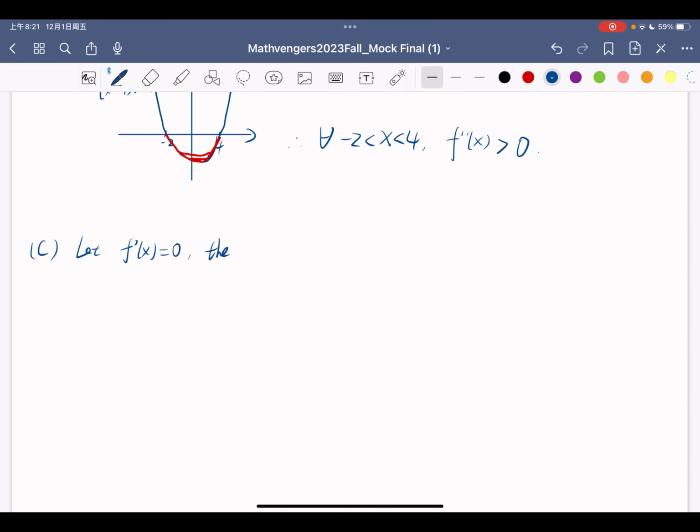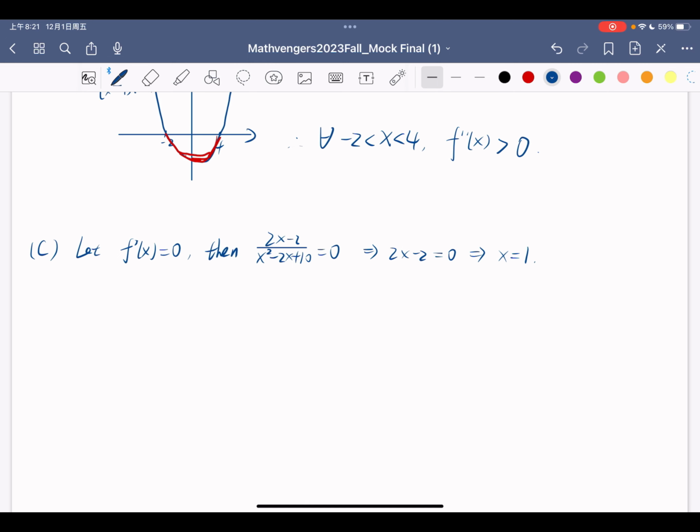Then we have the first derivative, 2x minus 2 over x squared minus 2x plus 10, equal to 0. Which means the numerator should be equal to 0. So 2x minus 2 is equal to 0 and x is equal to 1.